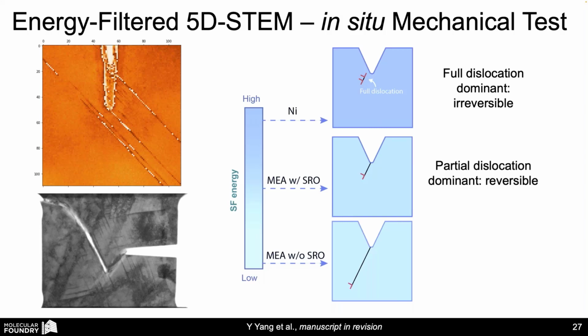However, these alloys have a lot of short range order. After you've cycled this material many, many times here, you destroy the local short range ordering, which in turn lowers the stacking fault energy, and now these defects become irreversible. And so we think that this is responsible for the vastly different mechanical properties between the medium entropy alloy and the pure FCC alloy in this case.